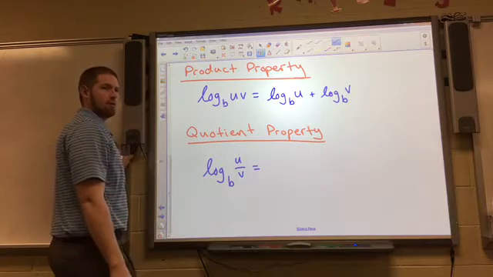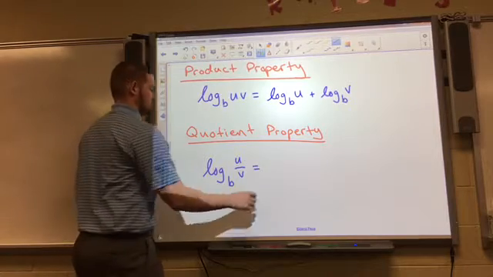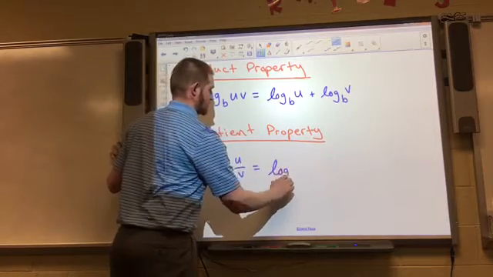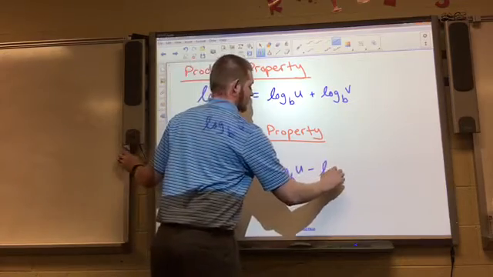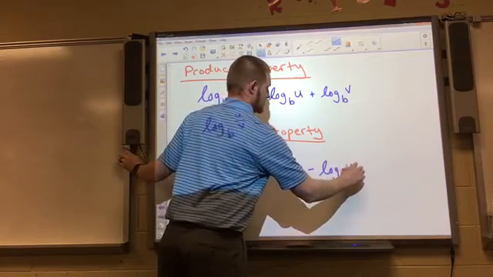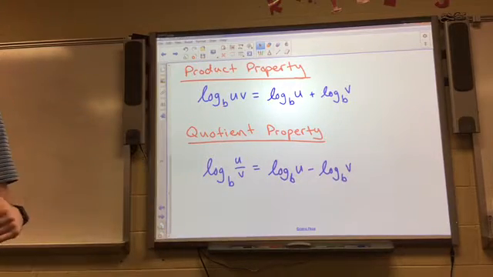How do you subtract, though? Do you do v minus u or u minus v? U minus v, good. So you have log base b of u minus log base b of v. Notice the top went first, right?